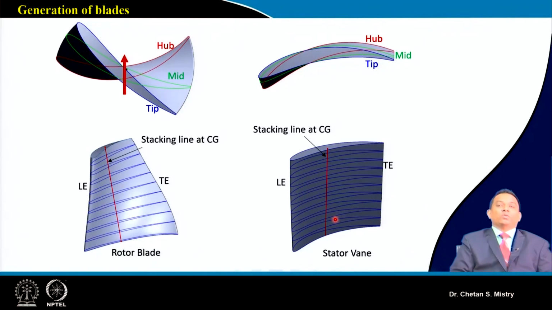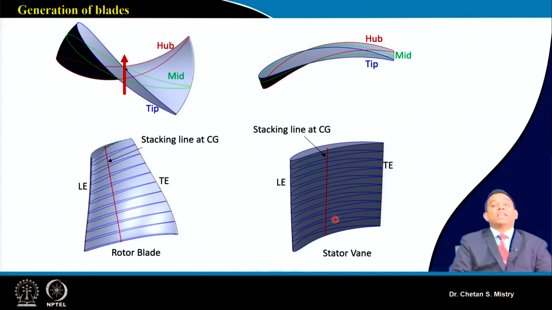Now let me tell you, there are different design criteria and different design aspects. Many times people do their initial calculation, their initial design, with, say, stacking about CG for the stator. Later on they realize this is not satisfying the performance they are expecting.